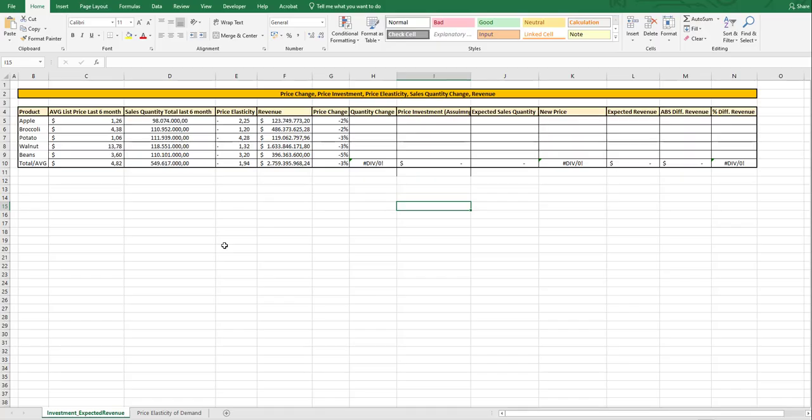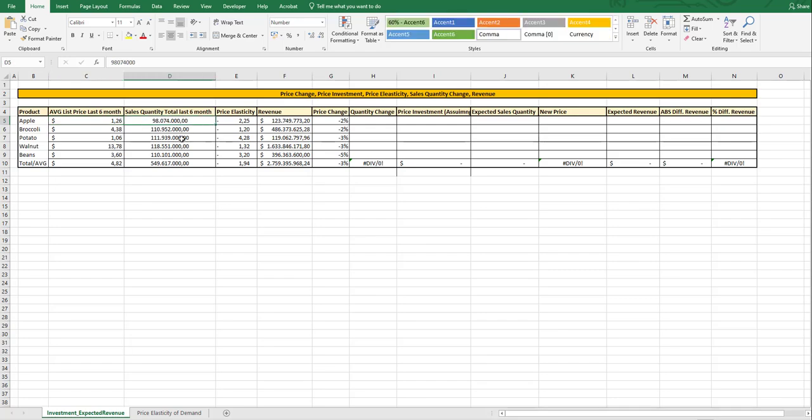So in this case I'm talking about the same products, apple, broccoli, potato, walnut, beans, that have an average price for the last 6 months. For example, apple $1.26.